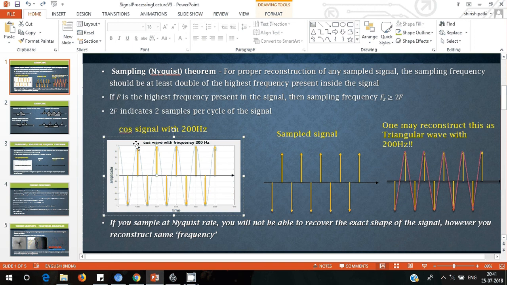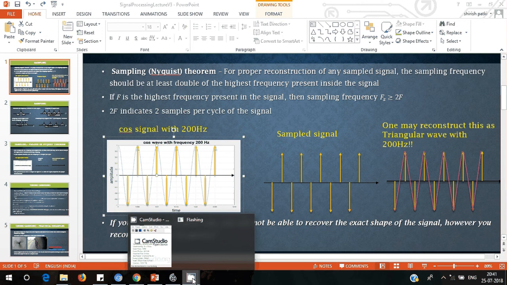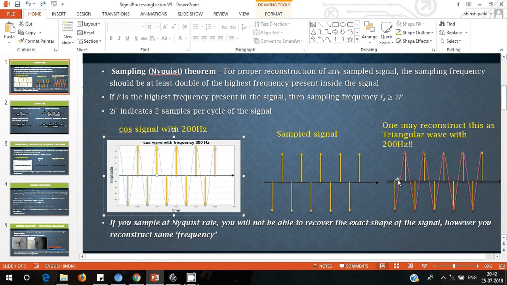So this is the sampled signal. Now this signal is transmitted over a communication channel, and at the receiver we receive the same sampled signal. The receiver then tries to reconstruct the original signal, and it simply joins the two nearby or successive points.